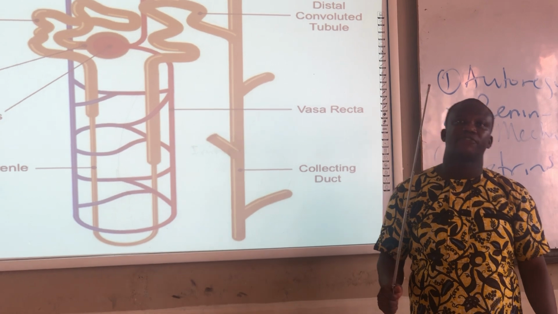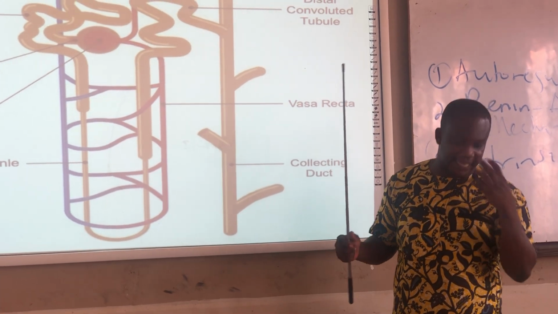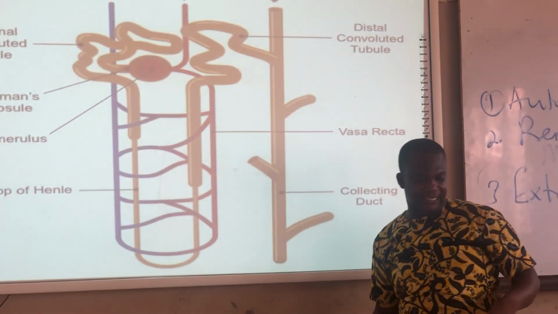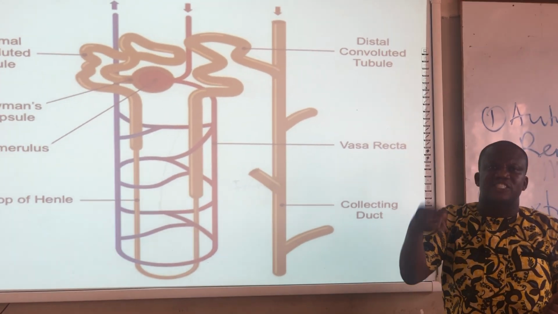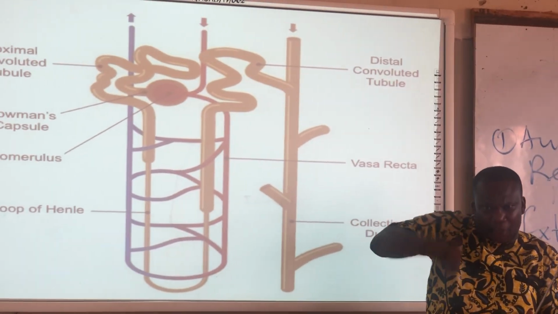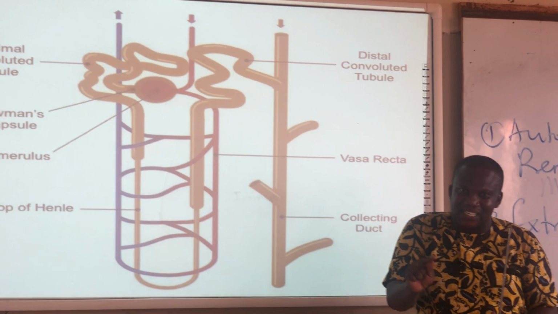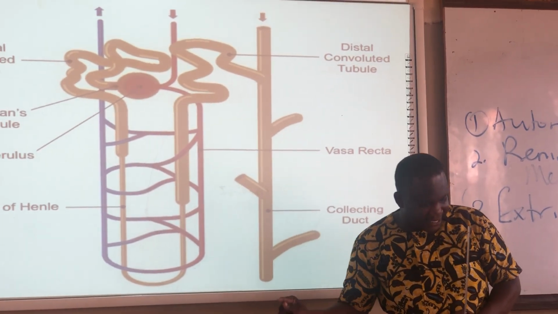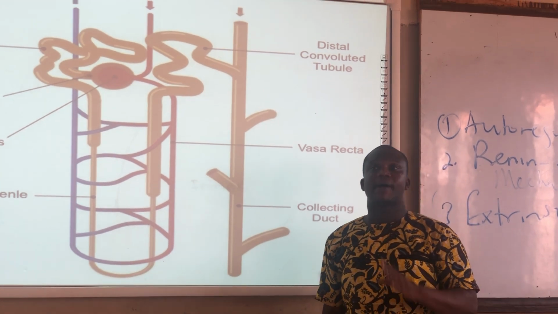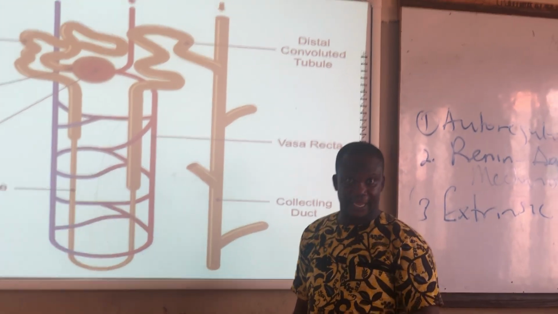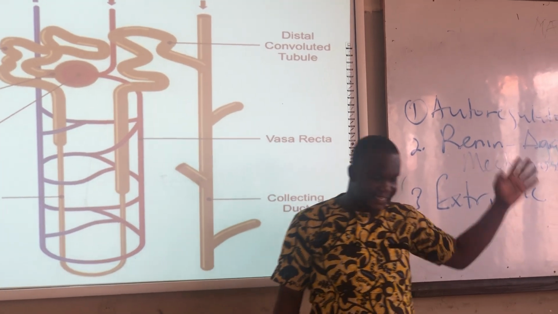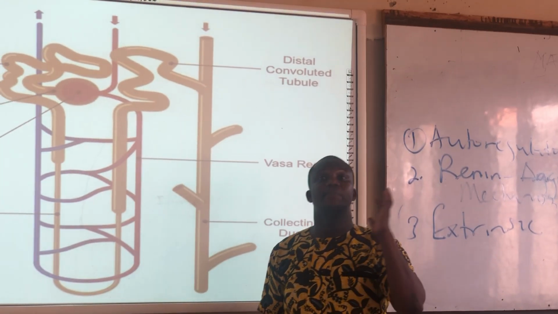One of the reasons why selective reabsorption occurs is to reabsorb into the blood those constituents of the filtrate that are needed by the body to maintain fluid and electrolyte balance, as well as the pH of the blood. But remember, reabsorption occurs by either active or passive means.